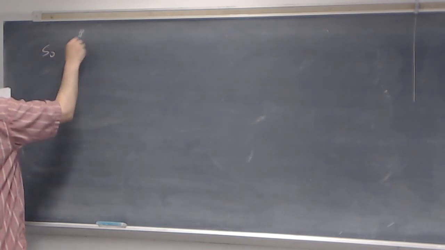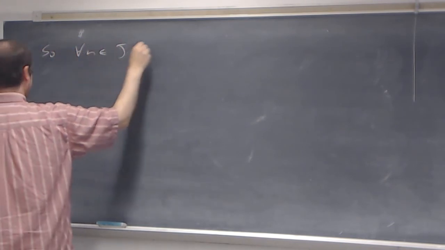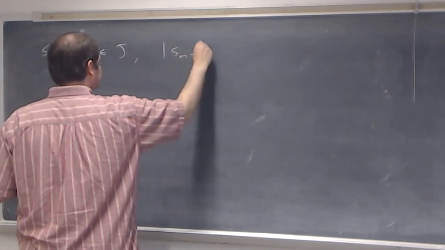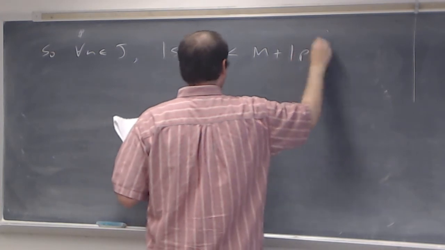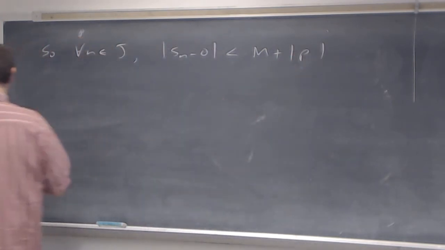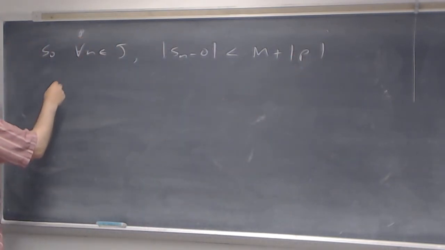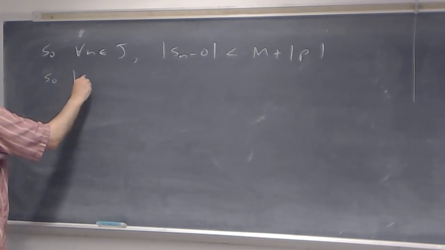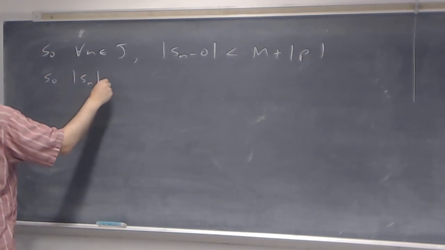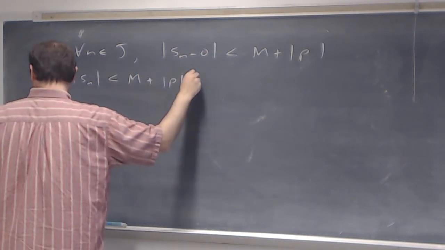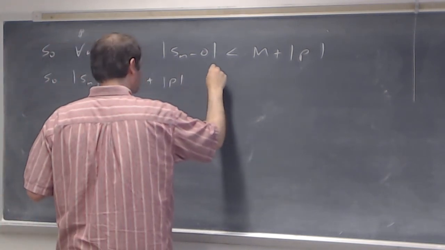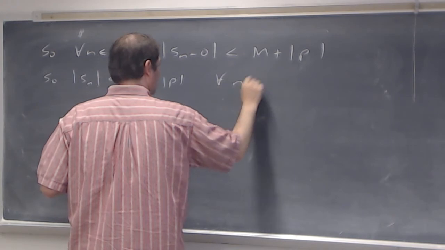So, for all n element of J, what we have is that the absolute value of S of n minus 0 will be less than M plus the absolute value of P. So what that gives is that the absolute value of S of n is going to be less than M plus the absolute value of P. And that's true for all n element of J.